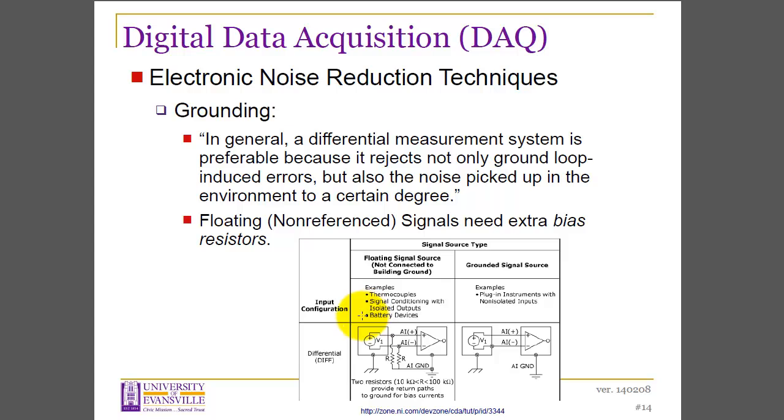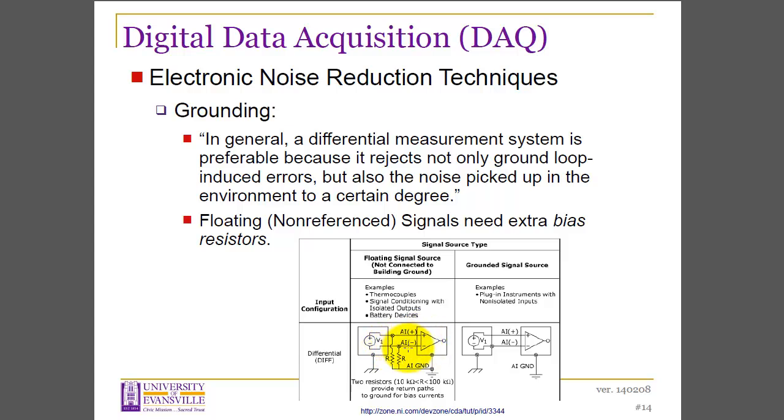So in this case, you see your measurement device, and we have ground here, but note that the ground is not connected to the device at all. So it's not grounded. We have our digital conversion system, and we have analog input on the positive side and analog input on the negative side.